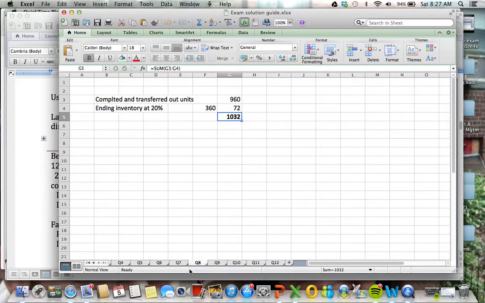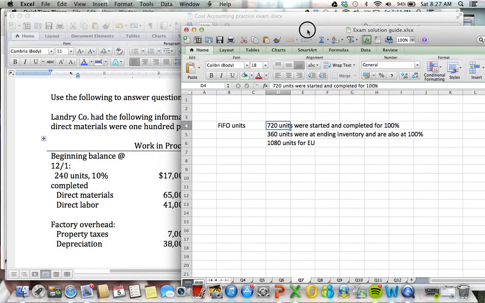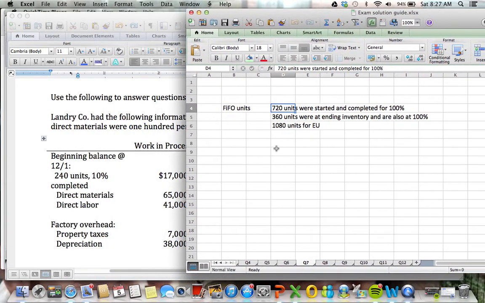The idea is that we're going to have FIFO units. There were 720 units started and completed for 100%. So how do I know that? Well, I know that 960 was definitely completely done and transferred. And I know that 240 was started in the prior period.